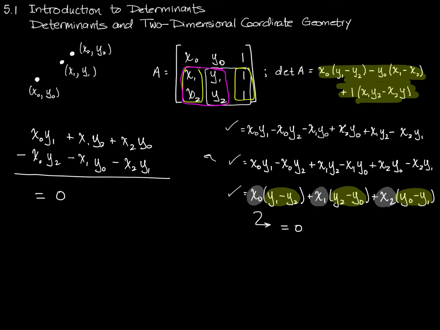I've shown you a couple of trivial ways in which that can happen, but what's interesting about thinking of them in this particular arrangement is that I could have, for example, this term be equal to 3 and this term be equal to 5, so I'd have 3 minus 5 here. If this term were 5 and this term were 3, then I have 3 minus 5 and 5 minus 3, and I'd get 0.